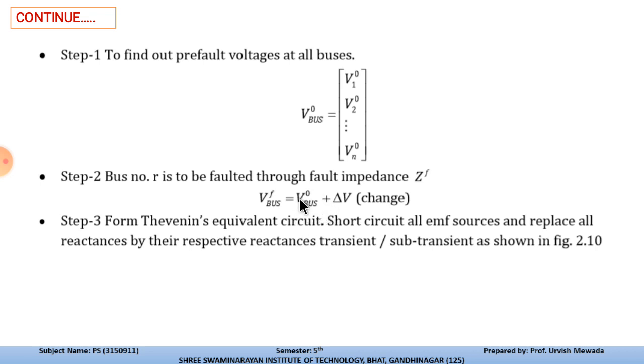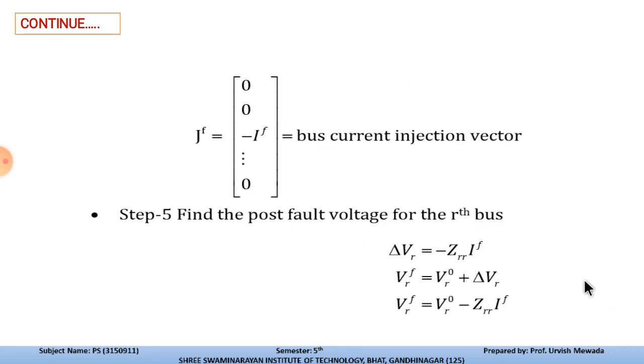Here we have considered that at the rth bus the fault occurs. So VR raised to F is equal to VR raised to 0 plus delta V change. Whatever the change that occurs will be delta VR. So we have all the equations to determine VR raised to 0 and delta VR, and from that we can determine the value of VR at fault.